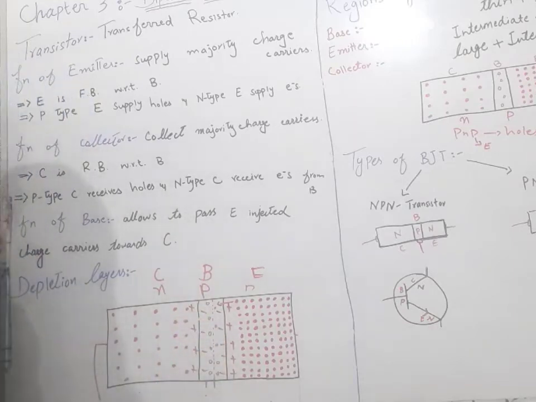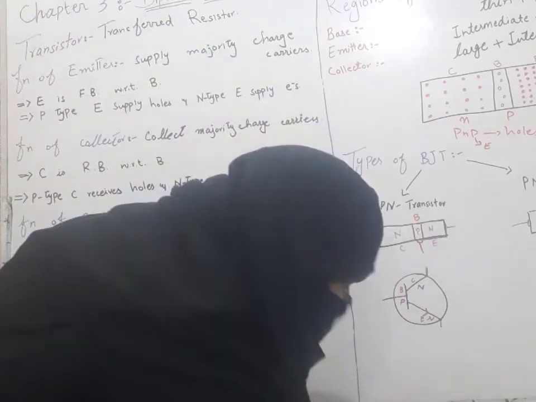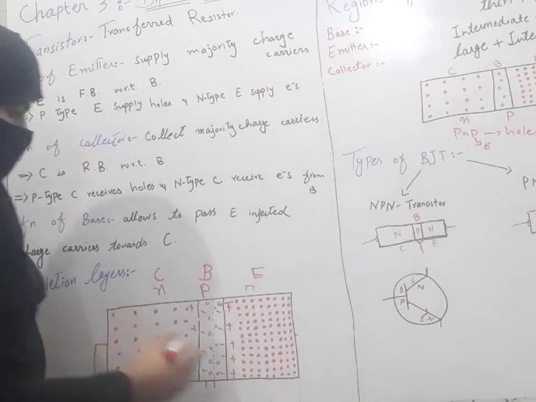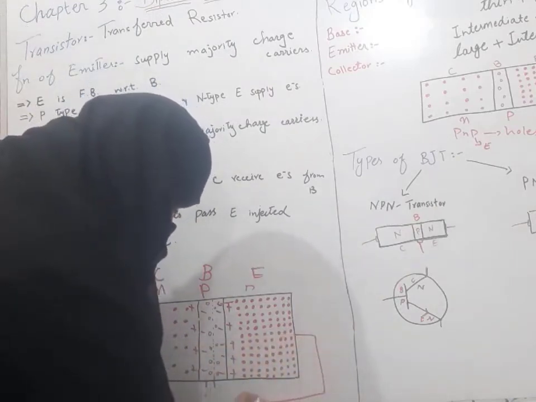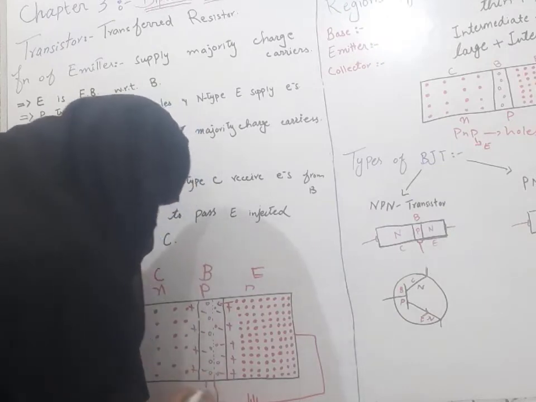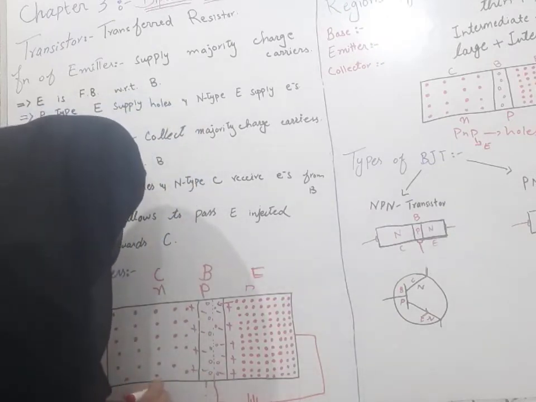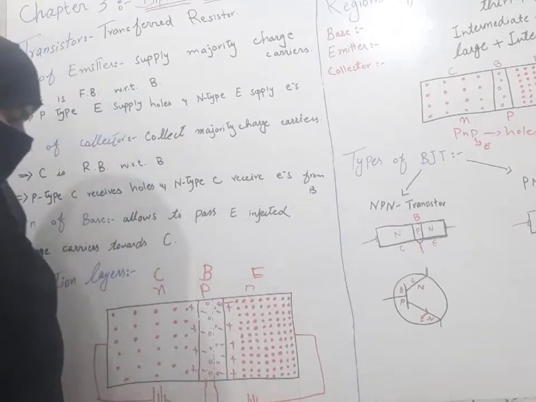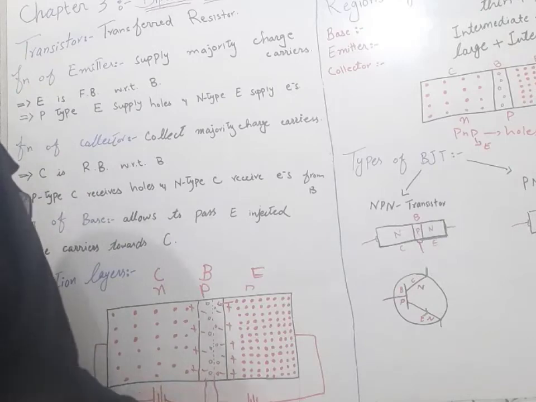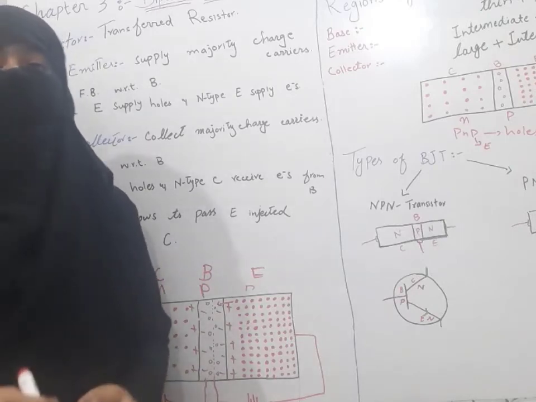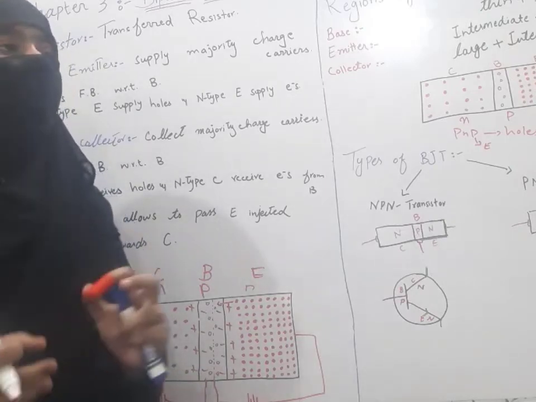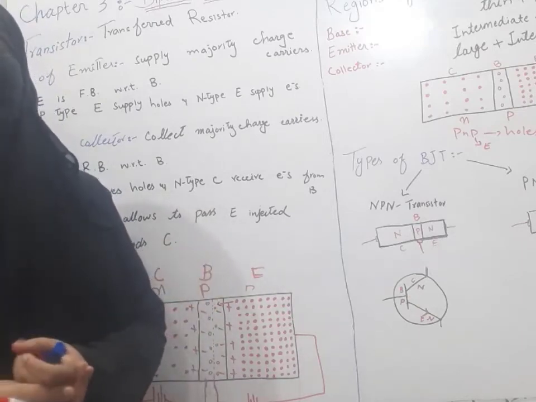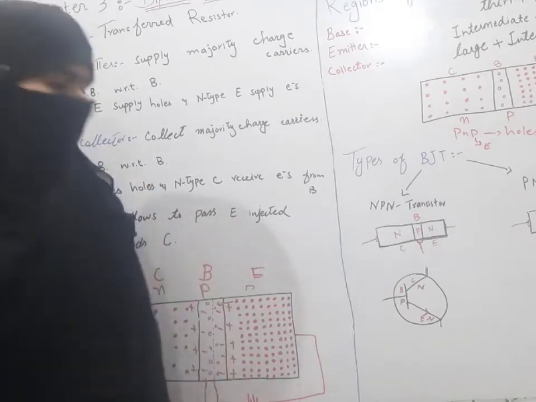Now what will happen when we apply the biasing? We have applied forward biasing to the emitter and reverse biasing to the collector. When forward biasing is applied, if you have not watched our semiconductor videos, then kindly watch them. The link is provided in the description.